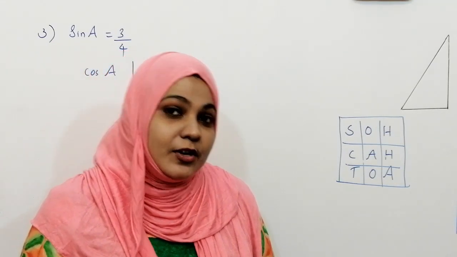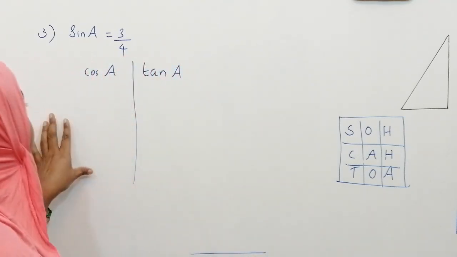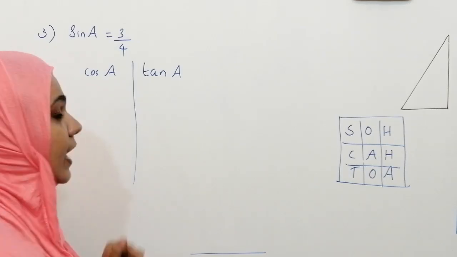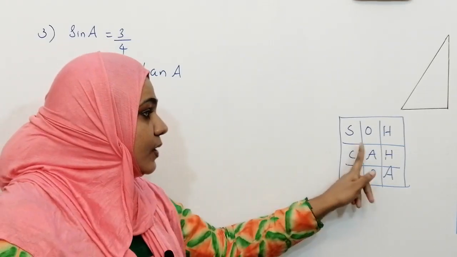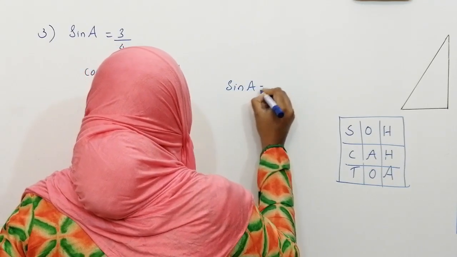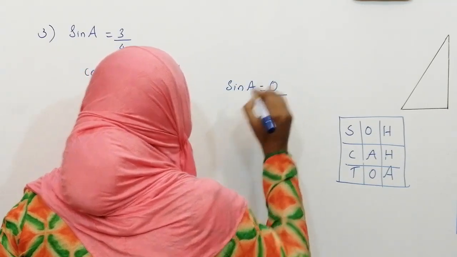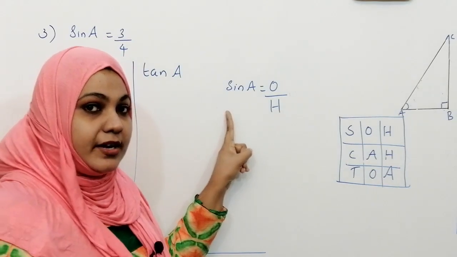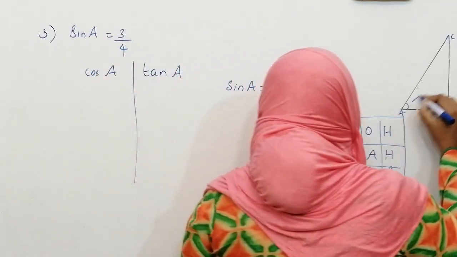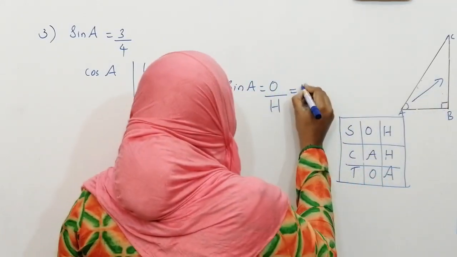So we can start with our question. Here we can see sin A is equal to 3 by 4. You know that sin A means opposite to hypotenuse. According to our reference angle, which one is the opposite side? BC is the opposite side.